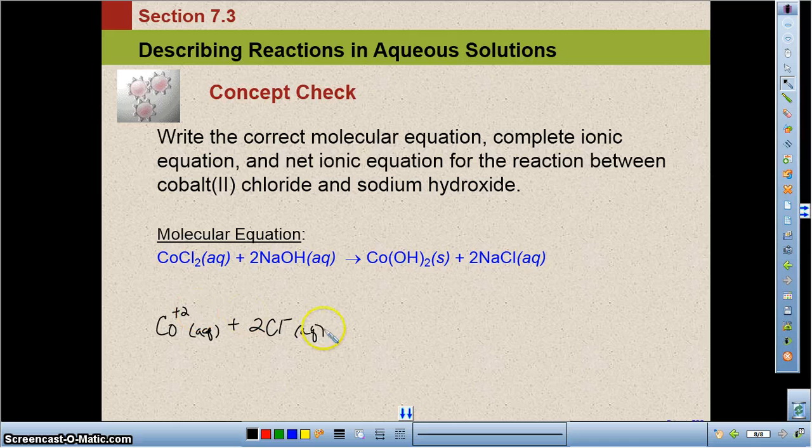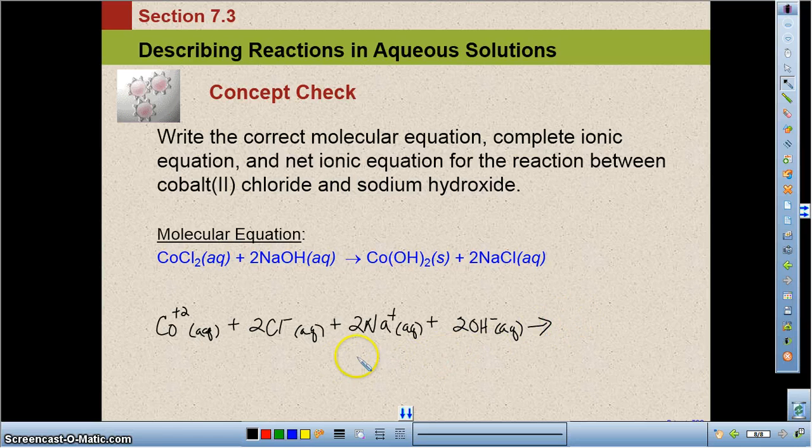Notice how we're putting the charges up here. We have this 2 for the sodium hydroxide, so 2 sodium. We split it into ions, and that's aqueous. Plus, that 2 also goes with the hydroxide, so we have 2 hydroxides, and that's aqueous. On the other side, we break up only the one that's aqueous. We leave the solid together.